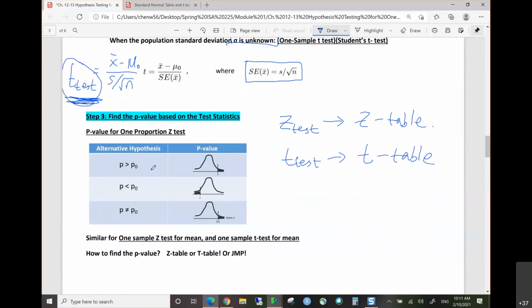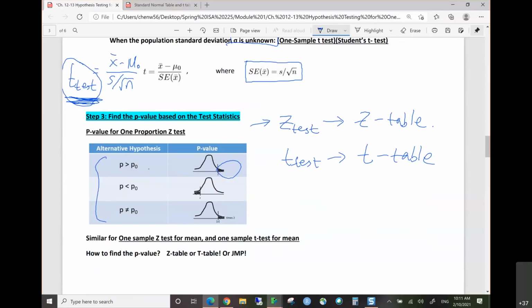So the third step: find the p-value based on our test statistic. If you have the z-test statistic, we need to think about these three options, right? If you have a right tail hypothesis, then your p-value will be the probability to the right of your z-test statistic, right?